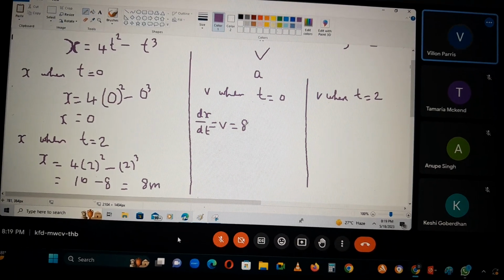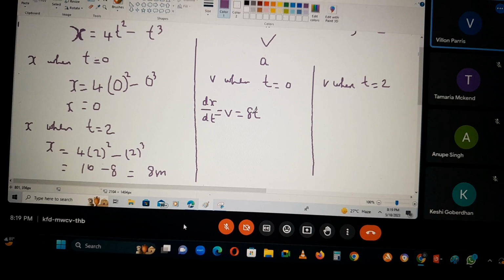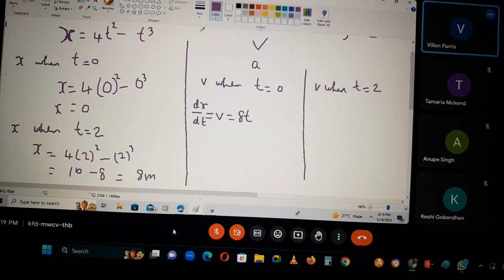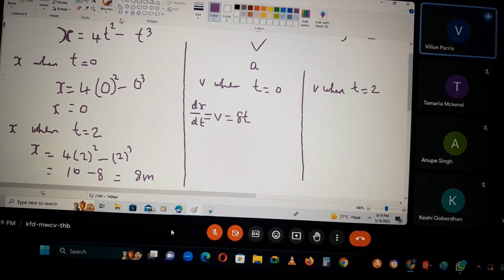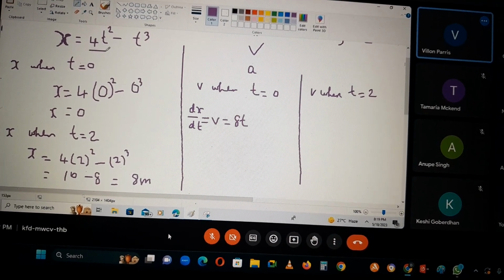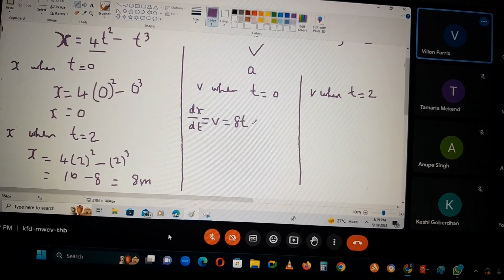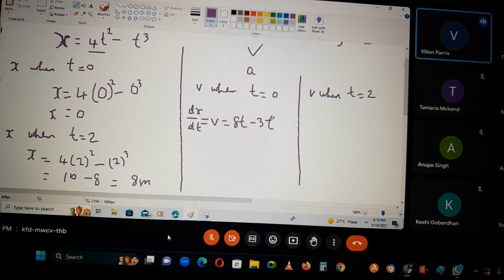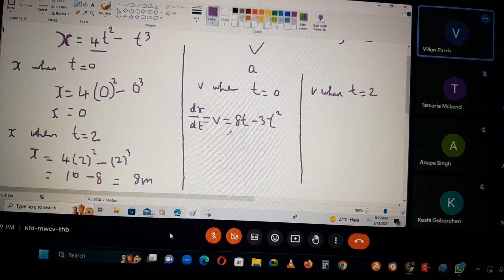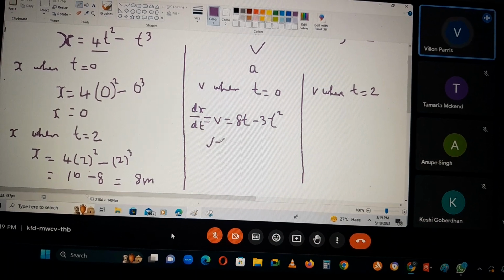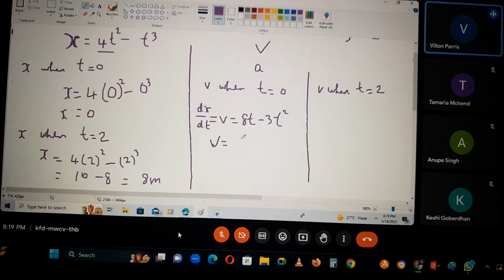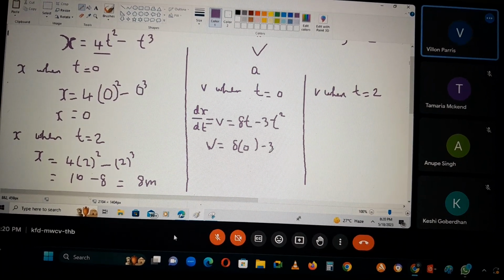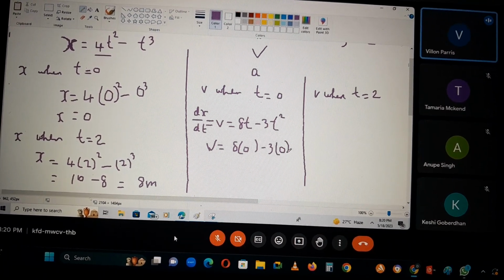Will that be 80? Where are we differentiating here? Is that correct? Yes, sir. Minus 3t squared. So this is our velocity function, v is equal to 8t minus 3t squared. When we substitute 0, v(0) is 8 times 0 minus 3 times 0 squared.